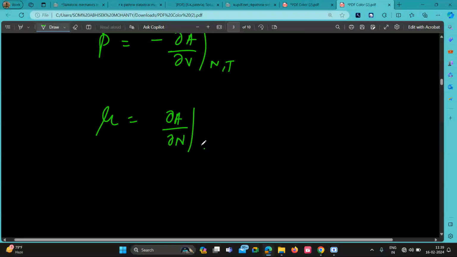Gibbs free energy is what? G is equal to mu n.